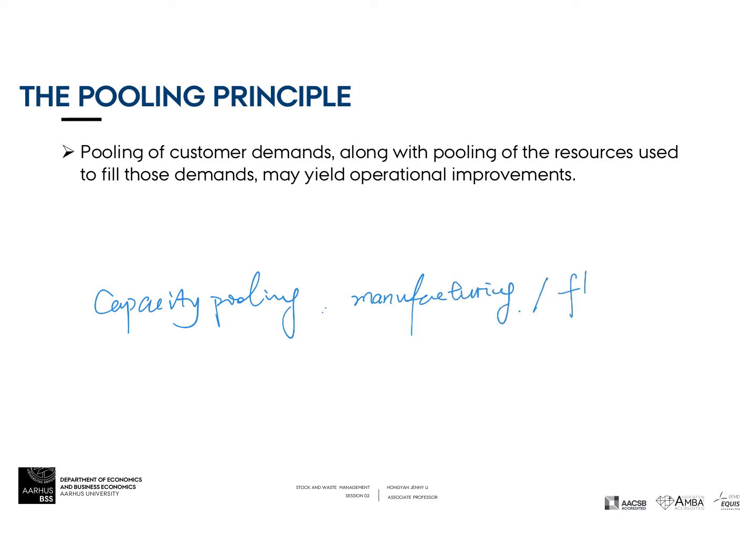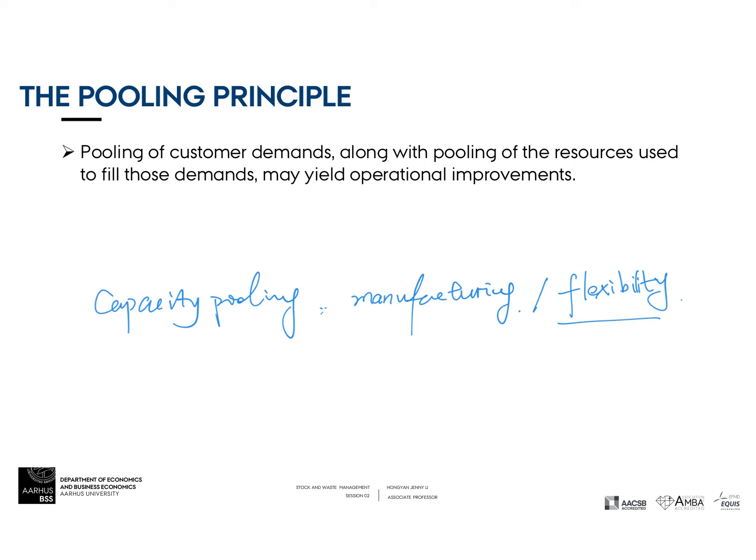So we're talking about how to add flexibility into your system, because for example, when you consider the product pooling, we should also consider the postponement of the product pooling. So capacity pooling, we more focus on the flexibility. How can you add it to your manufacturing facility, which is not a focus of your program. So we decided to skip that. Of course, if you're interested, you can just check the textbook and know about it.